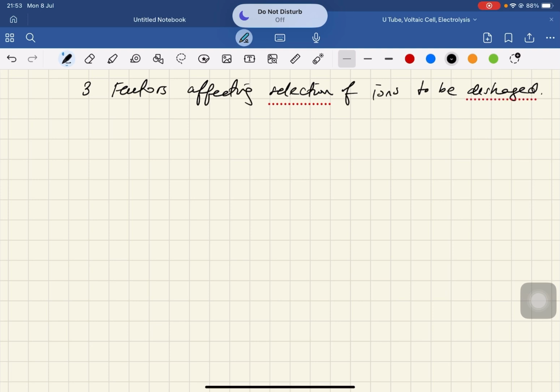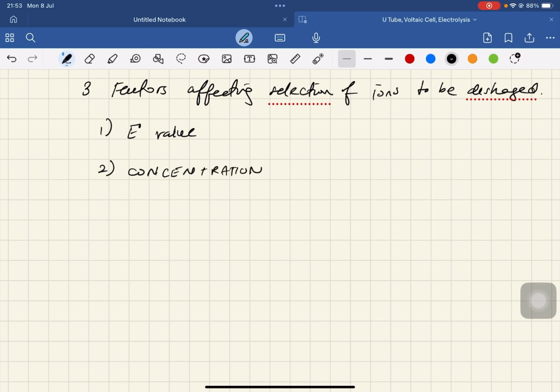The first one we have discussed, the E naught value, and the second one is concentration, which I have covered. Concentration means the concentration of the solution: of course we have one that is concentrated and the other one is diluted. Last class I gave an example on concentration, and today I'm planning to give an example for diluted.